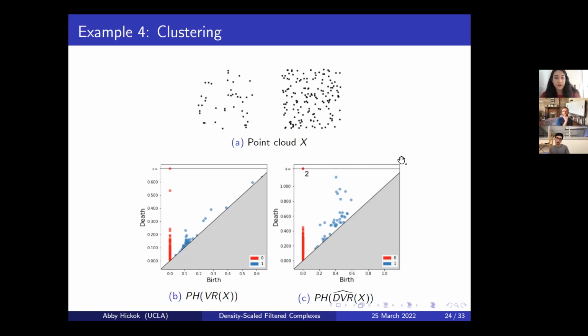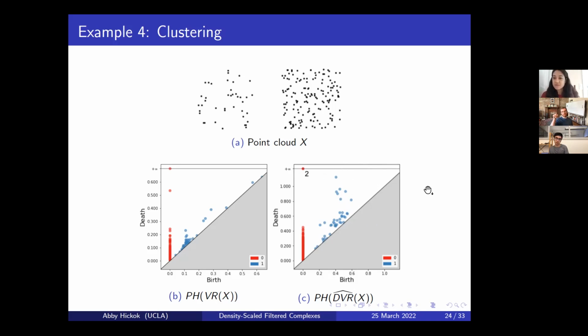Whereas on the right here, we see really 2 infinite 0D homology classes. So there's a 1-to-1 correspondence between the 0D homology classes and the clusters in the point cloud. You do also see these 1D homology classes, but remember these are actually pretty close to the diagonal. It's just the way that the persistence diagram is visualized that these look very persistent.